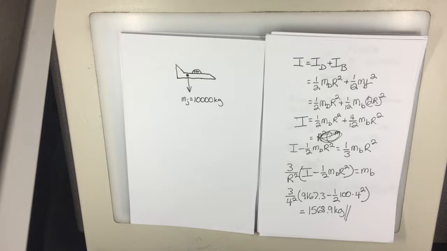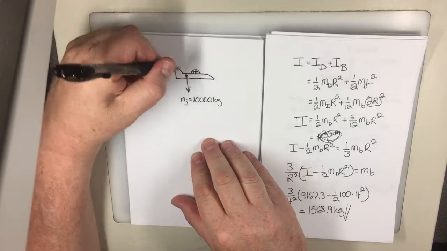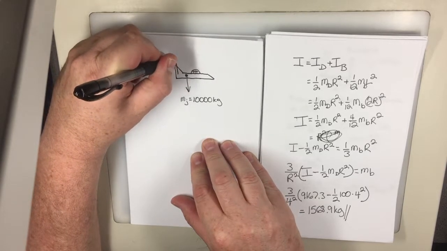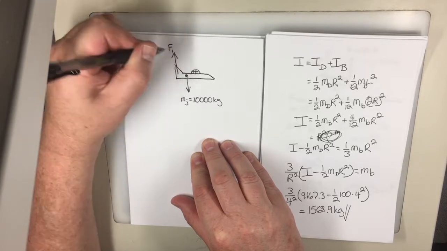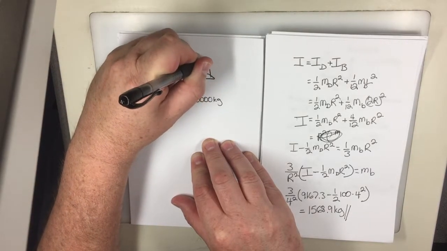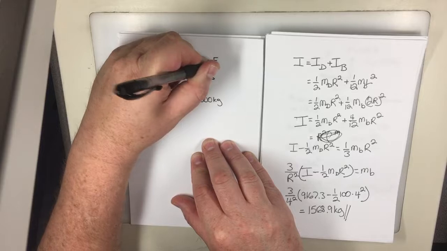And that jet typically has 2 engines on it that are pushing thrust upwards. And one is here, and the other one is there.